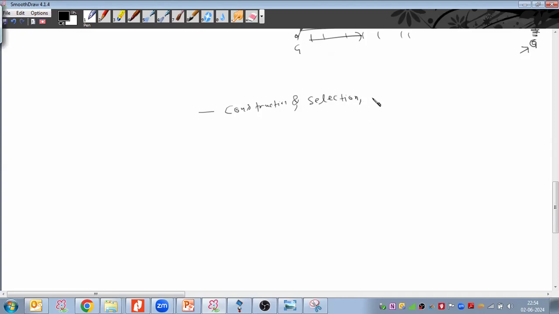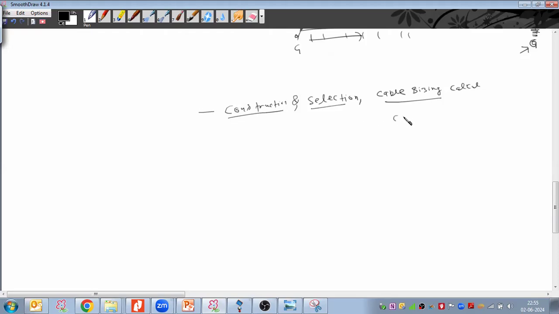Then after that, we should know about the cable sizing calculations. Once the cable sizing is done, we have to purchase the cable, and then prepare the cable data sheet or review the cable data sheet. So that is also covered in the construction and selection of the cables.